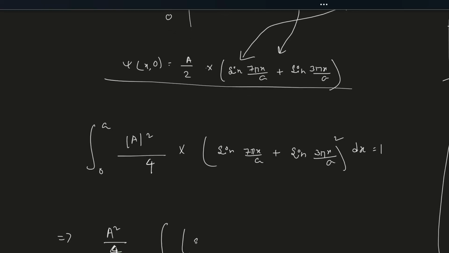So this is sine square 7 pi x by a plus sine square 3 pi x by a plus 2ab, which is 2 sine 7 pi x by a sine 3 pi x by a, dx from 0 to a equal to 1.